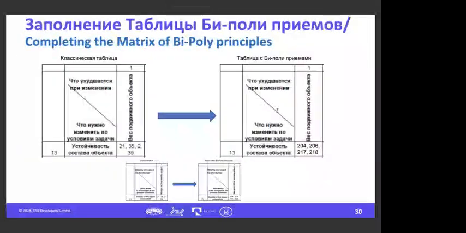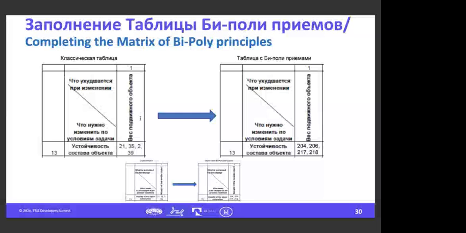So how were we filling this table when we were transferring from mono principles to bipolar principles? For example, we have the classic table with the 13th principle, and in that table we have 4 principles. Considering the logic of the previous slide, in the relevant way we were converting.